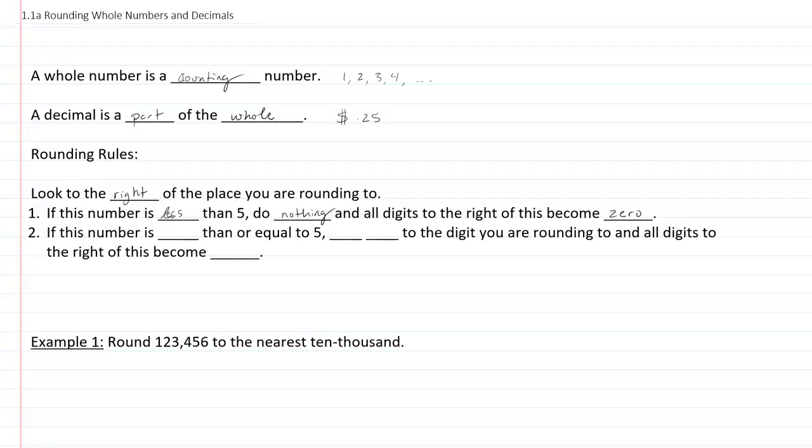So ignore all digits to the right. If this number is greater than or equal to 5, add 1 to the digit we are rounding to, and all digits to the right of the digit we are rounding to become 0.